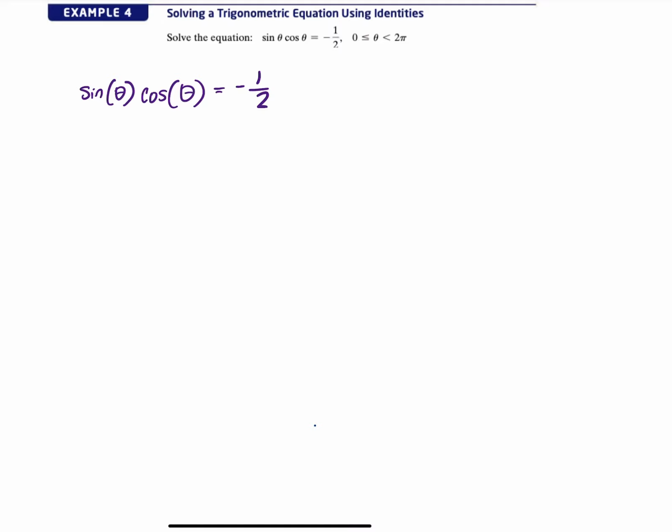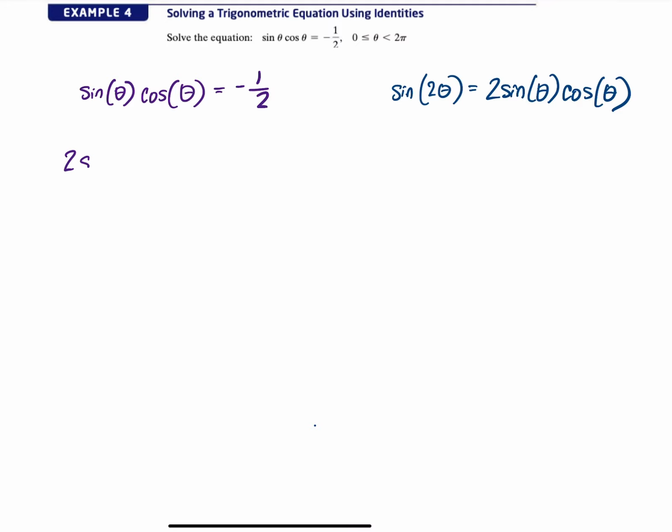Well, I see sine times cosine, and that makes me think of the double angle identity for sine. Sine of 2 theta is 2 sine cosine. So let's multiply that 2 over to the other side and see if that will be useful for us.